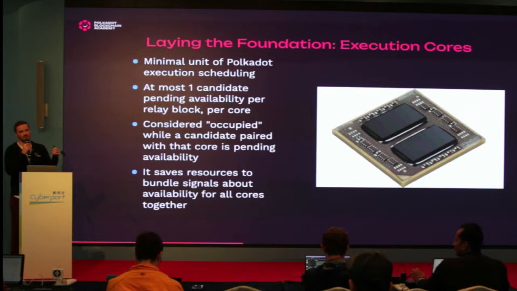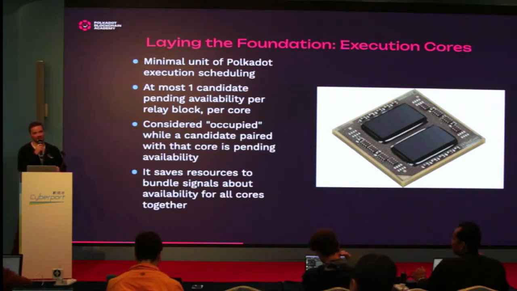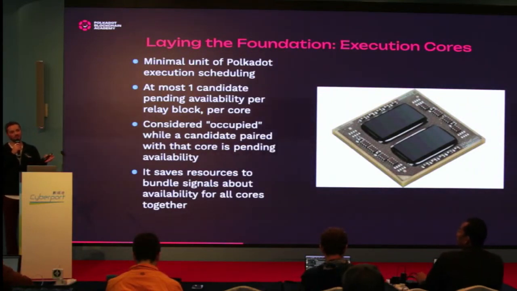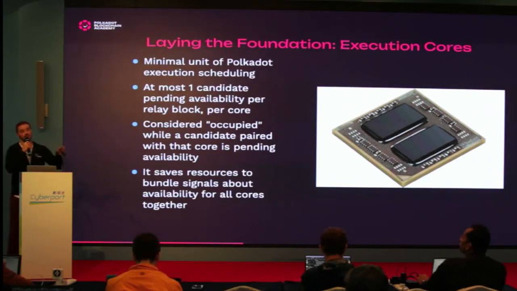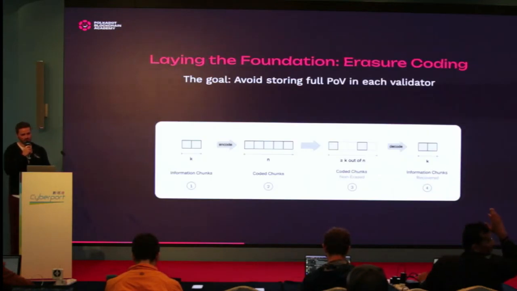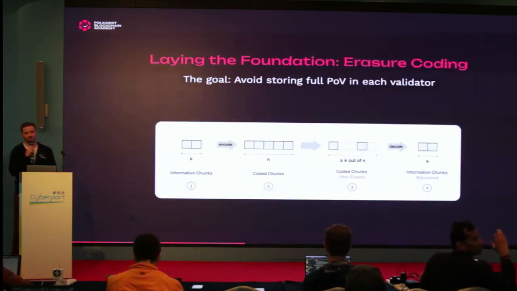Like I described, there are several layers at which decisions are being made. Will the backers decide to back candidates for a particular parachain? Do they have a core assigned? And if there's a core assigned, is it already filled with a candidate? These are the kinds of considerations that we're gating. We gate execution at various points based on the core, but the core itself doesn't have any execution assigned to it. Got it. I'm starting to understand. Thank you. And generally, each core will produce one block every 6 seconds. So that's the timing question.